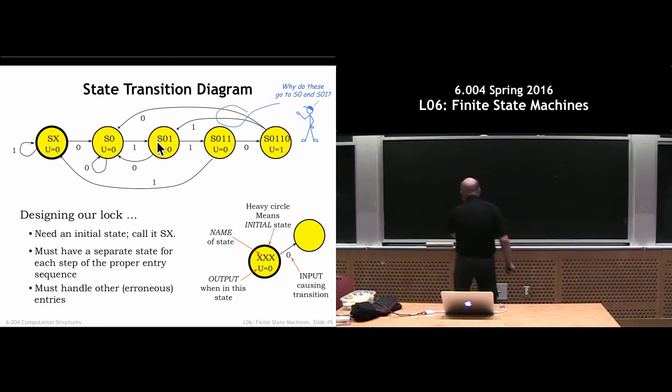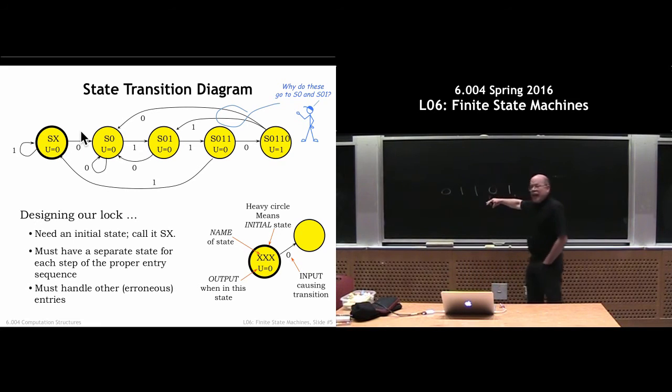So at the time the lock is unlocked, I've seen that. And so if I enter a 1 at this point, you can see that I actually have the first 2 bits of the next entry sequence. So in fact, this is a careful definition. This is following the actual rules very carefully.